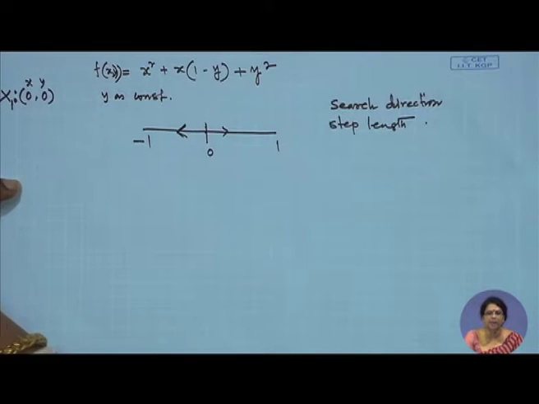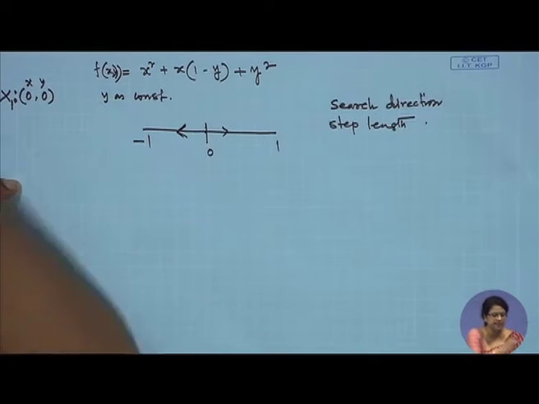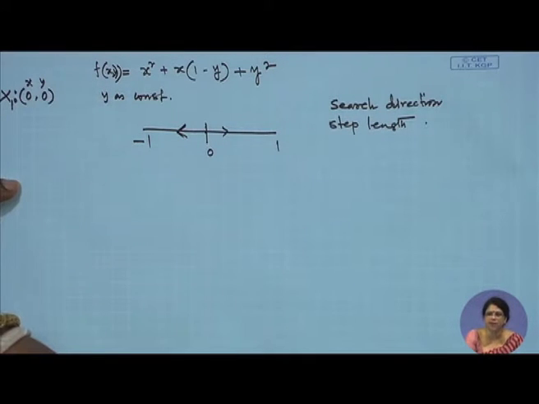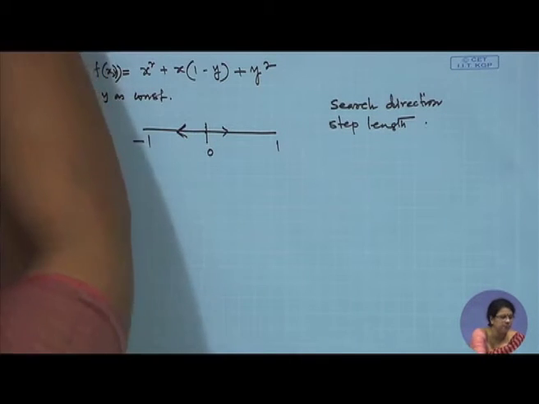I have considered the search direction 1 0, and let me consider a step length epsilon that is 0.01.